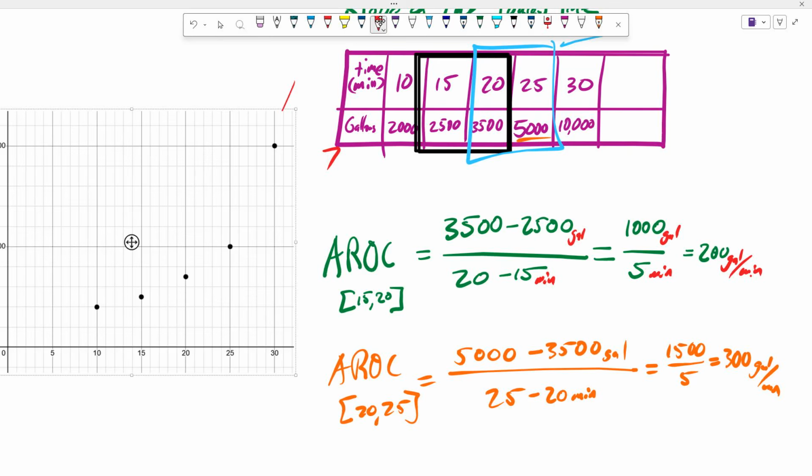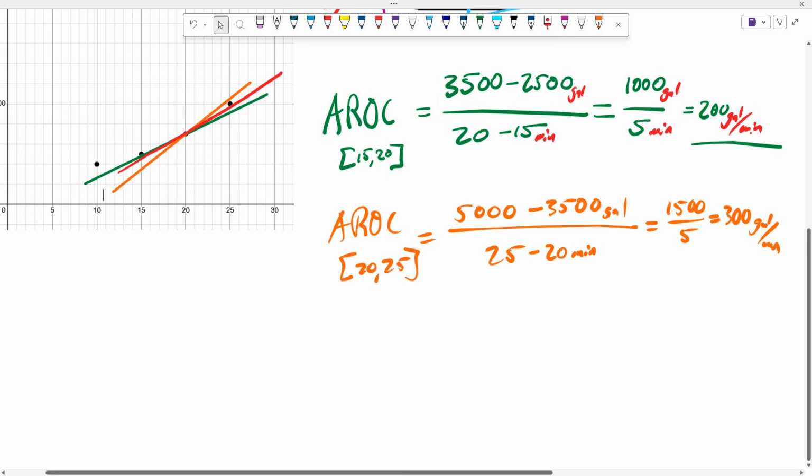So the slope of that line was the 200, and then the slope of the orange line is 300 gallons per minute. And our best guess is going to be the average of those two slopes.